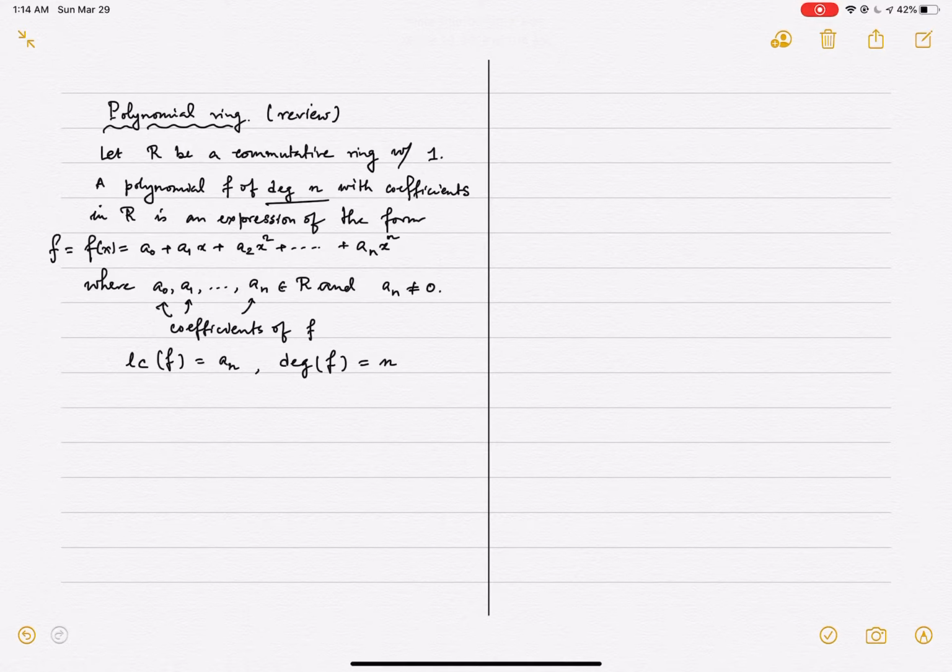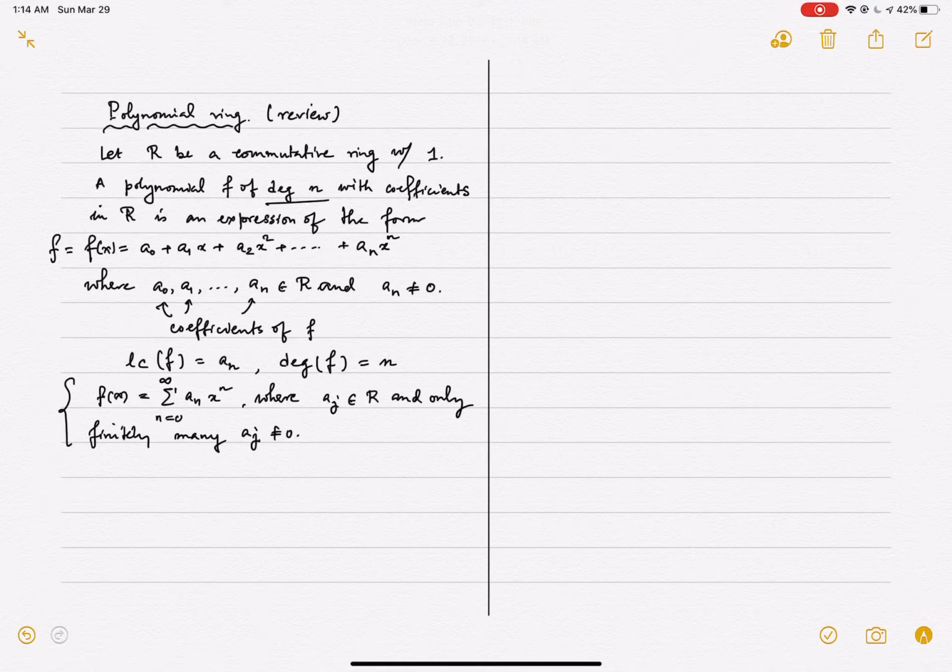Sometimes it will also be convenient to write the sum over j from 0 to infinity, where all aj are in R and only finitely many aj are non-zero. That's what a general polynomial looks like.